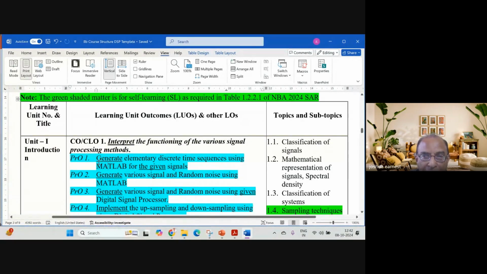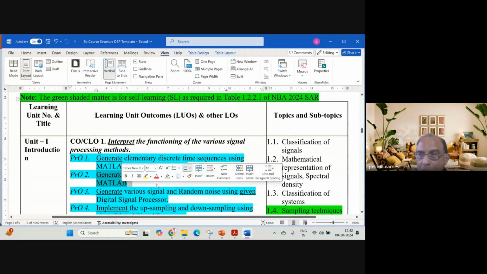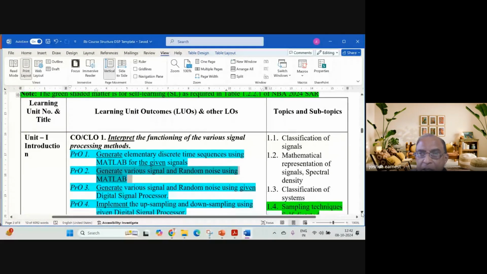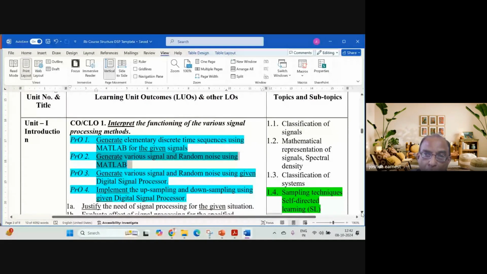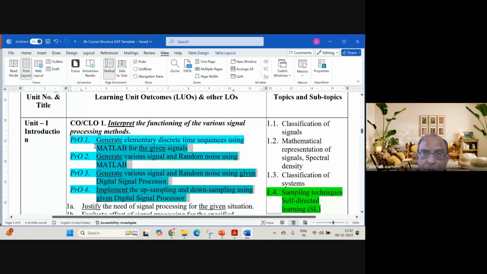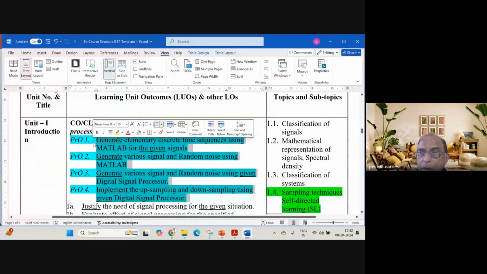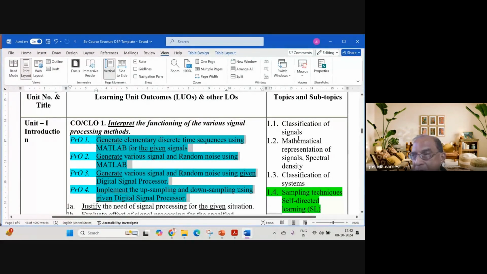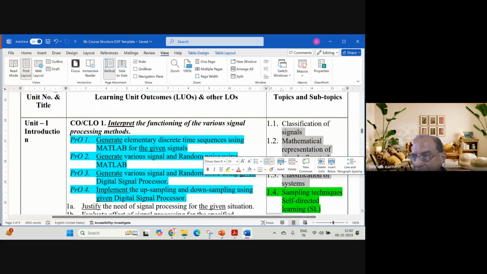And for that, how many practicals were there? Generate elementary discrete time sequence. So now the student knows that for that competency, CO1, these are the practicals related to that CO, right? And the contents or topics are given here.